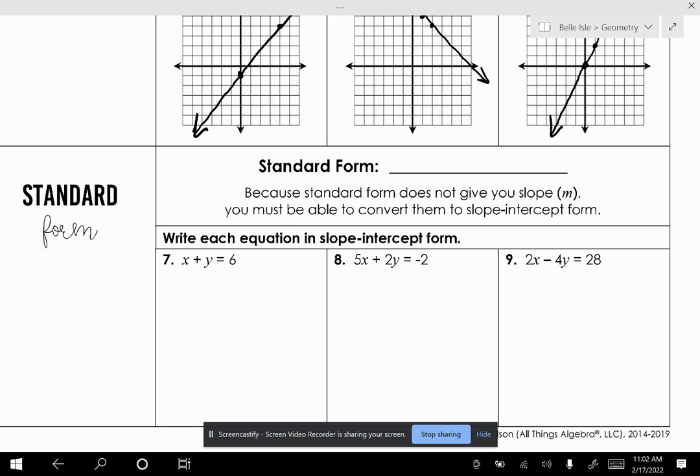Yes, technically, AX plus BY equals C. What is C?